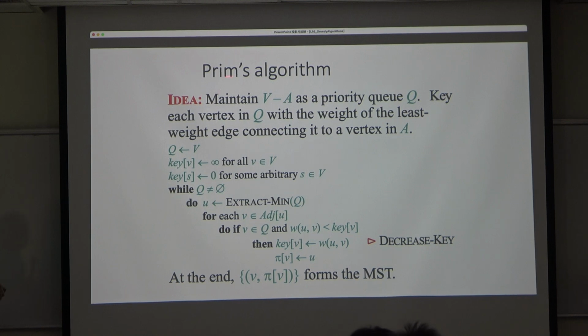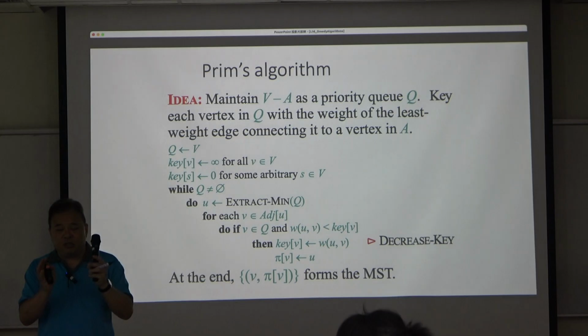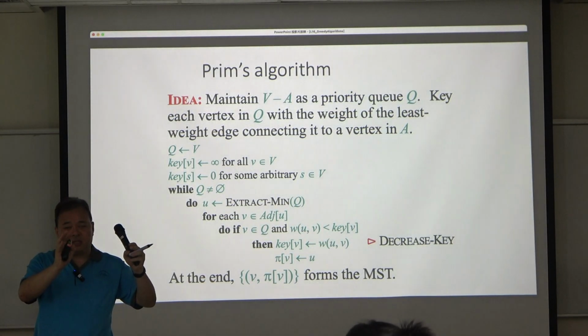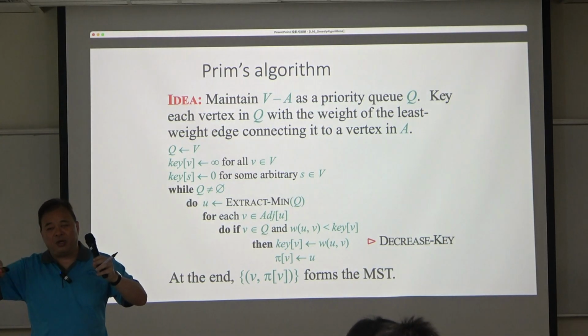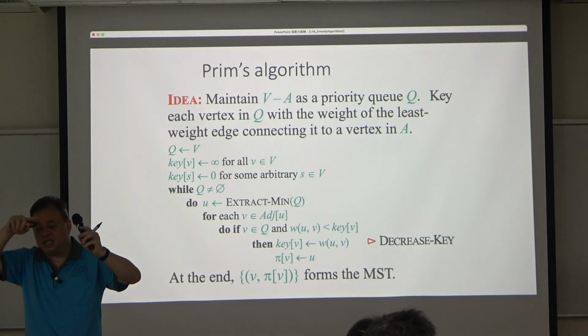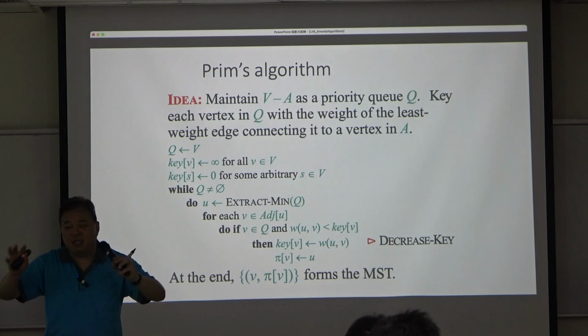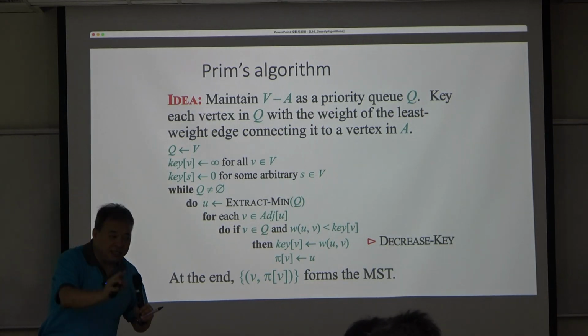So Prim's algorithm is based on the previous theorem. If you break the nodes into two sets, the idea is to find the smallest weight among the edges connecting these two sets and include that one into the MST, and then eventually you are going to create the MST. That's the basic idea.